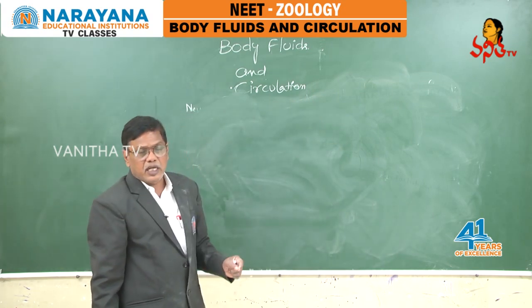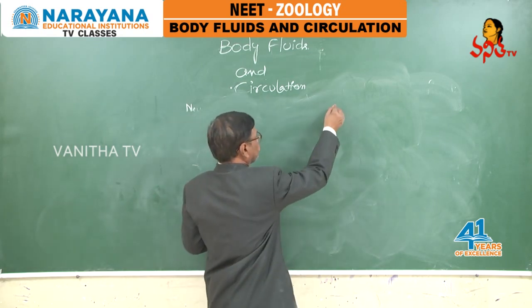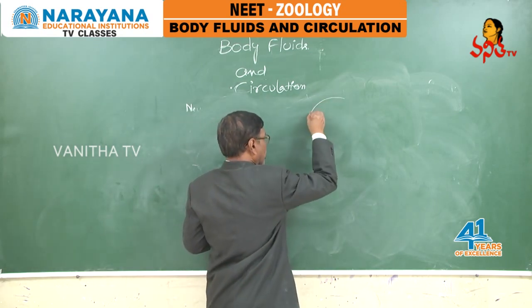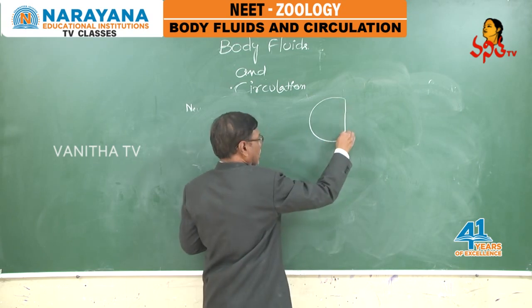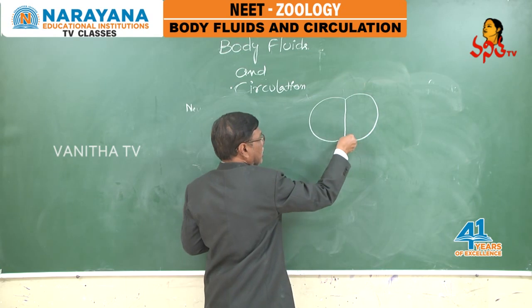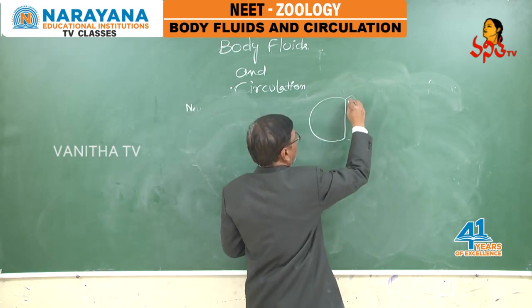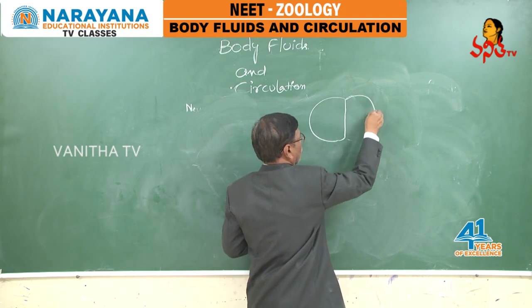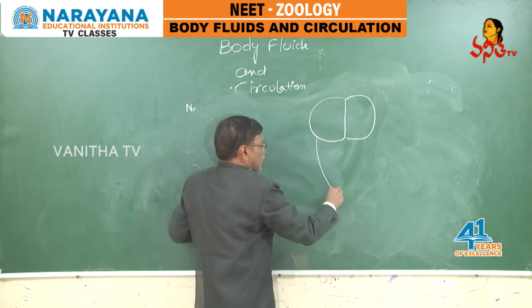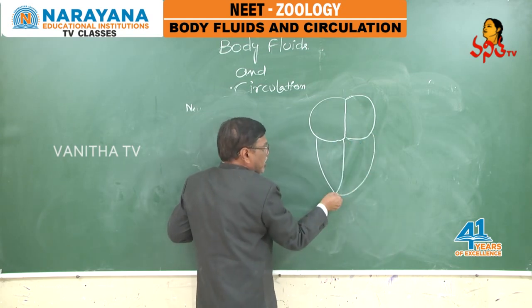Coming to the internal structure, our heart is four-chambered. The anterior chambers are auricles and the posterior are ventricles. Both auricles and ventricles are asymmetrical.